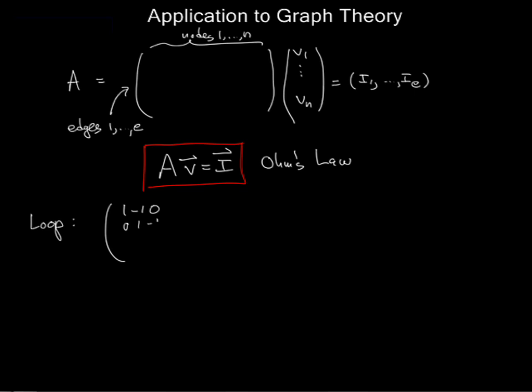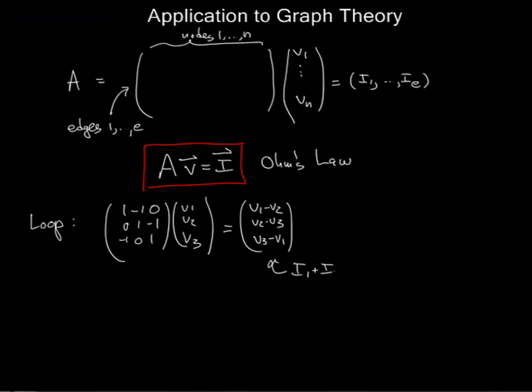Okay, so let's go back and look at our example of a loop. So here's the incidence matrix, and this is what we saw. And notice that the sum of these three guys over here is equal to 0. That is to say, the sum of the currents is equal to 0.